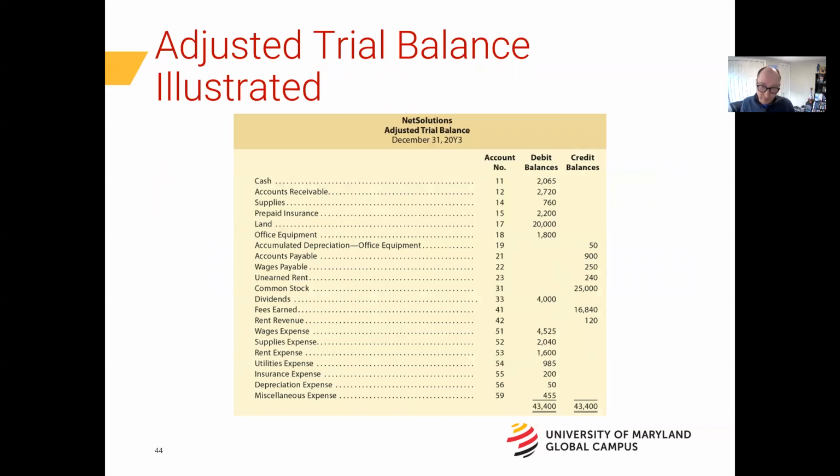Here's a nice example of the adjusted trial balance. The difference between the unadjusted and the adjusted is that in the adjusted, we see things like accumulated depreciation, depreciation expense, adjustments made to the payables, things like that.